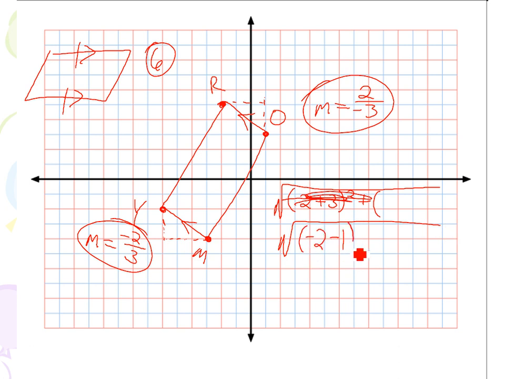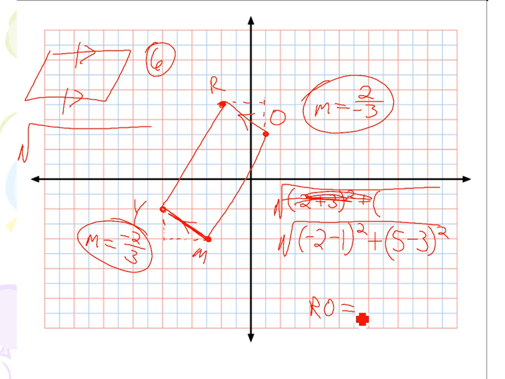So -2 minus 1 squared. What's the y coordinates? 5 and 3, so 5 minus 3. Somebody figure out that math and we'll go ahead and do this other one over here so we got more time. Figure out what all that is, what the square root is. Now tell us how long segment RO is.